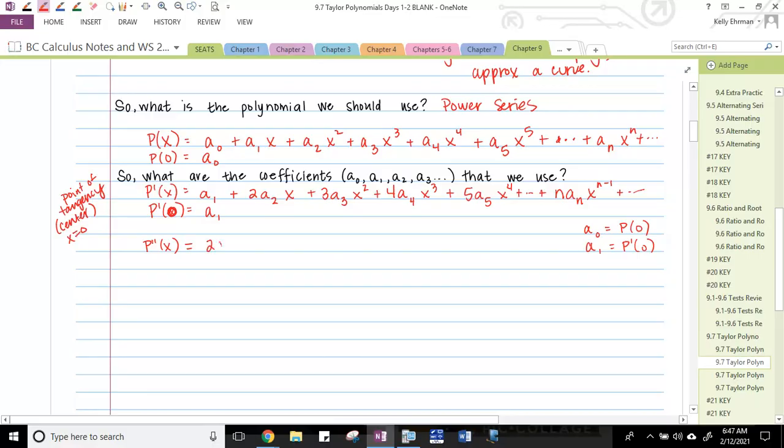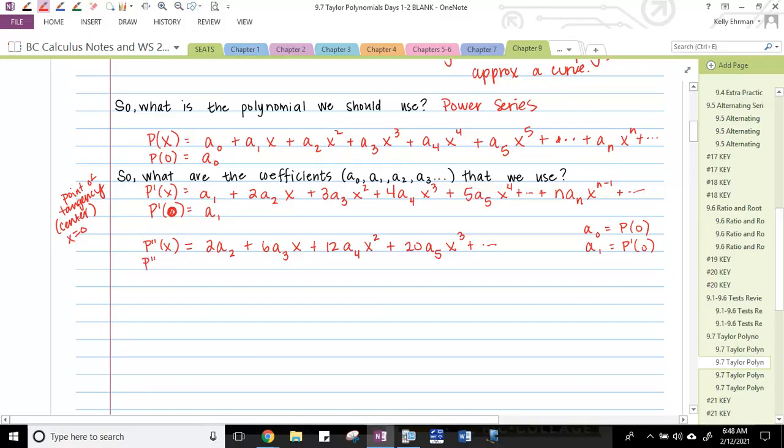I get 2a2, that x is gone, plus pull this 2 out, 3 times 2 is 6, a3 times x, plus 12 a4 x squared, plus 20 a5 x cubed, plus dot dot dot. I'm not going to continue on with the n terms because I'm running out of room, but it'd be n times n minus 1, a sub n x to the n minus 2.